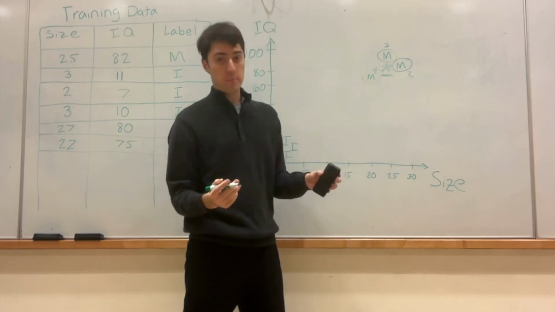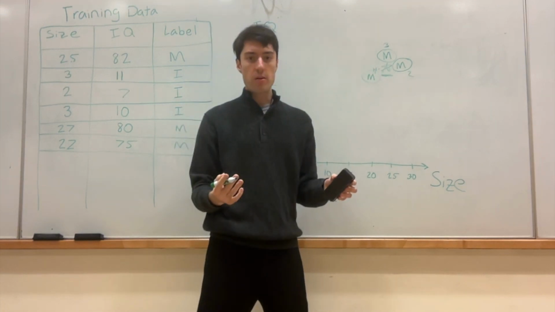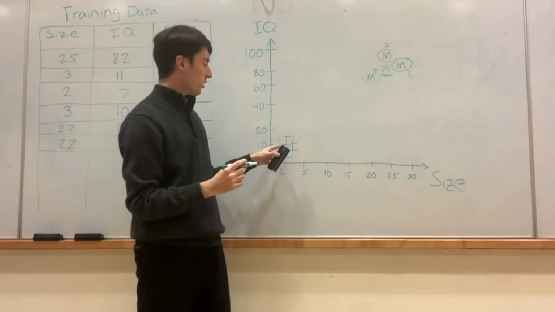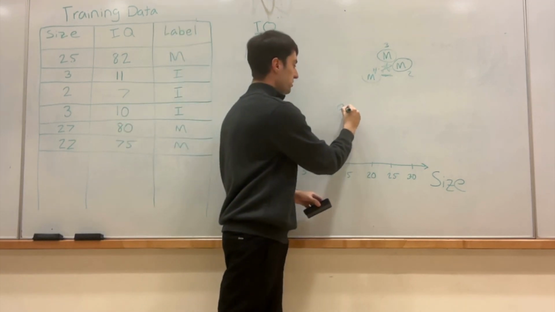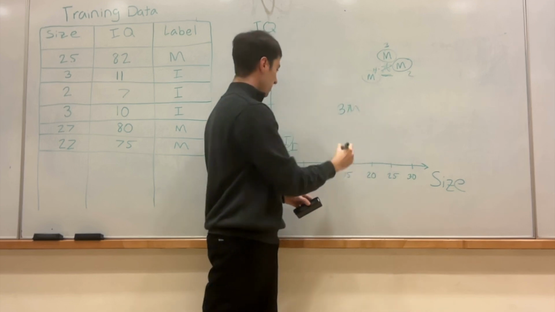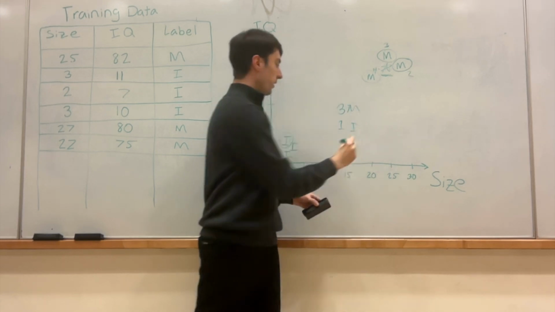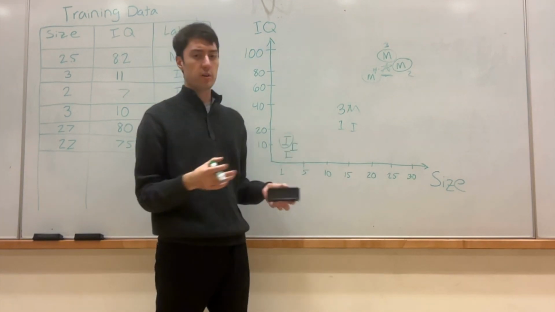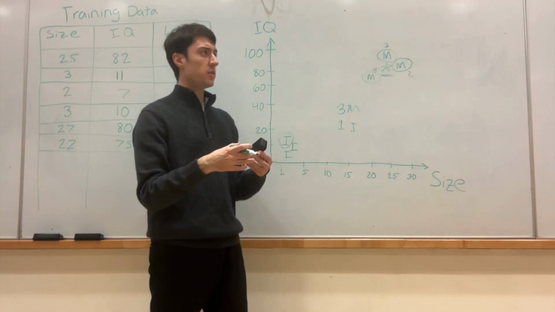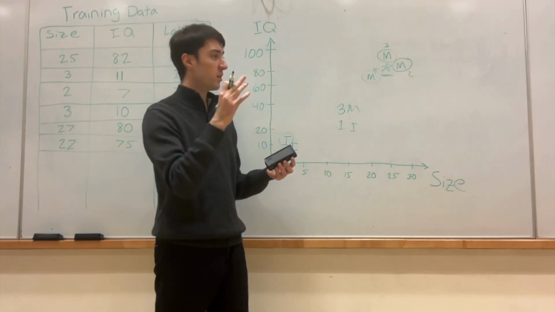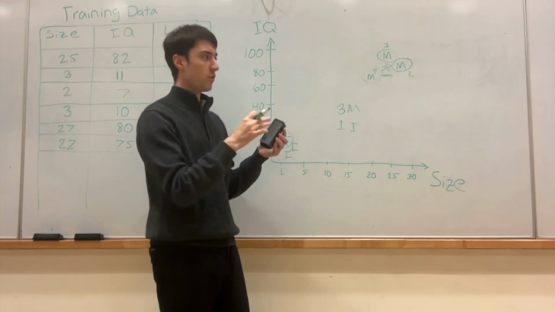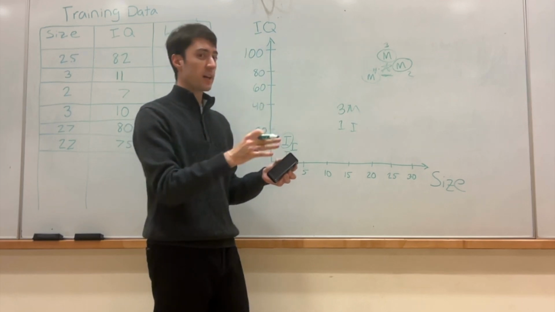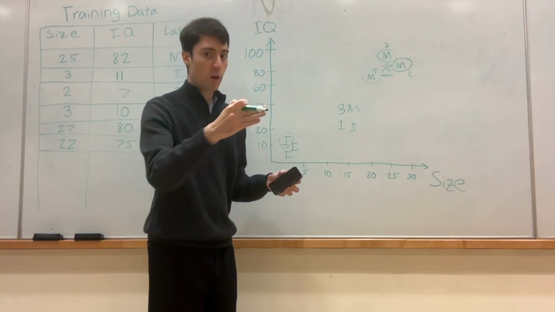Or you could have 3. Or you could have 4. Well then, all of a sudden, you have 3 monkeys and 1 insect. So what do you do in this case? Well, it is argmax, which means you find the maximum classification, like which classification is most well represented.